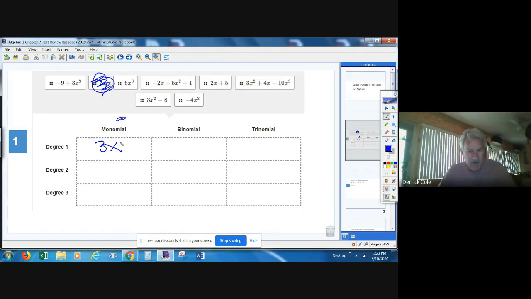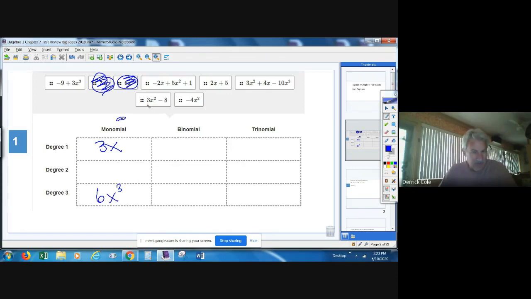It's gone. All right. Look at that. 6x cubed. That's a monomial with third degree. Degree 3 monomial. All right. So cubed. So degree 3.